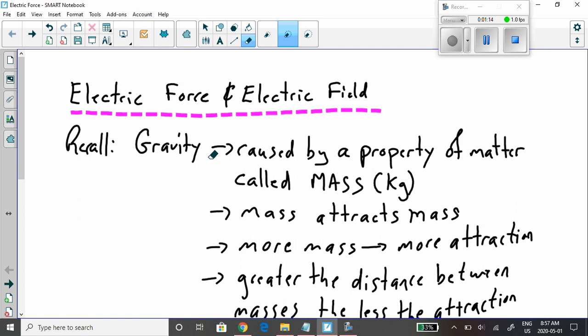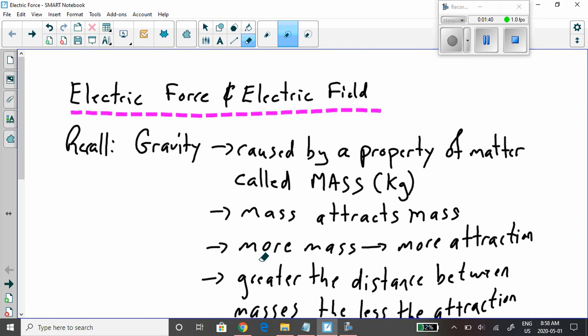So we know that gravity is caused by a property of matter called mass, and it's measured in kilograms. Because matter has mass, we have gravity. And one of the interesting things that we have seen is that mass has attraction for other mass. And the more mass there is, the more attraction there is.